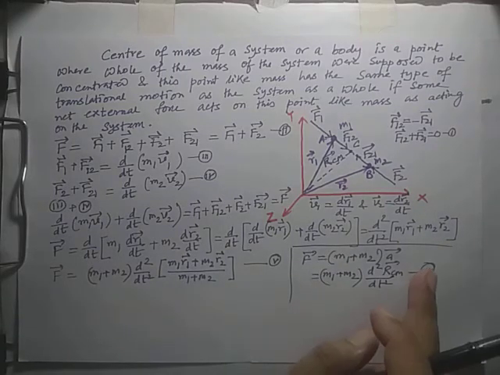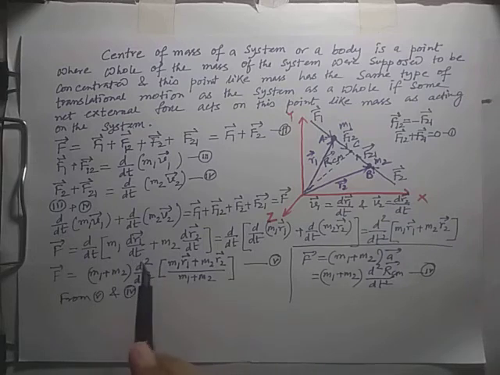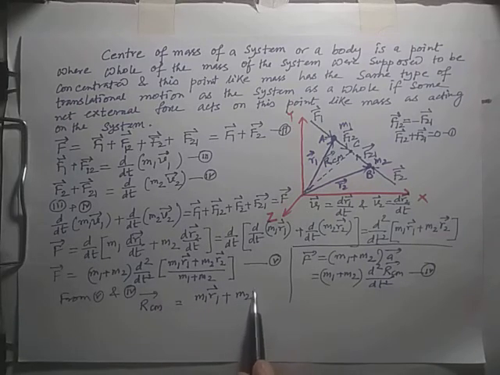Now from equation number 5 and 6, you can compare. The m1 plus m2 will get cancelled. So you can write RCM, center of mass, is equal to m1 r1 plus m2 r2 by m1 plus m2. So this is the formula of the center of mass. You can write it in the form of coordinates also.